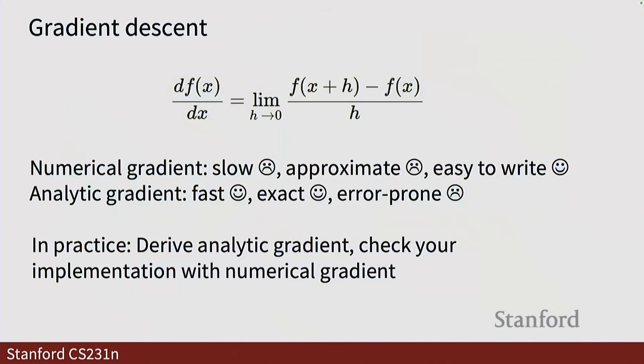So this was the gradient descent algorithm, and in order to optimize, we talked about two different approaches, numerical gradient and analytical gradient, both having pros and cons. In practice, we derive analytical gradients, and often if it's hard to do the implementation and the math, we check our implementations with numerical gradients.